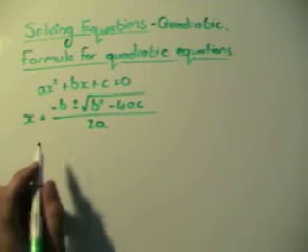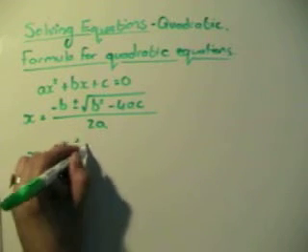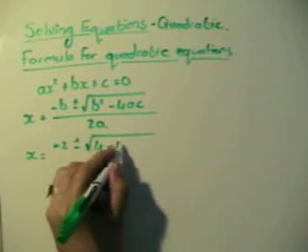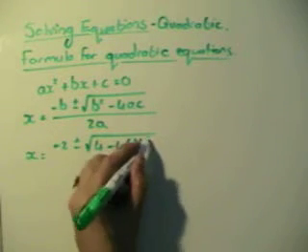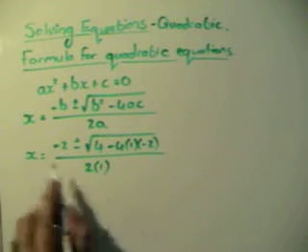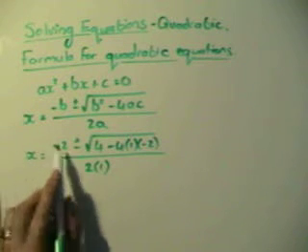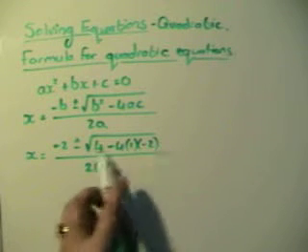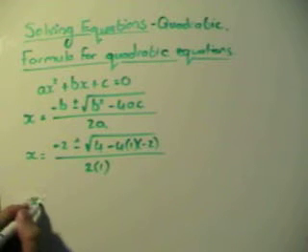Say for instance I have x is equal to minus 2 plus or minus the root of 4, because minus 2 squared is 4, minus 4 times 1 times negative 2, say for instance, over 2 times a. If I have this, I'm going to type in my calculator first minus 2 plus root of 4 minus 4 bracket 1 bracket, type it in exactly like this but with a plus, over 2 times 1, and that gives me my first answer.